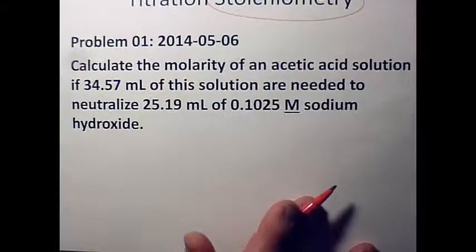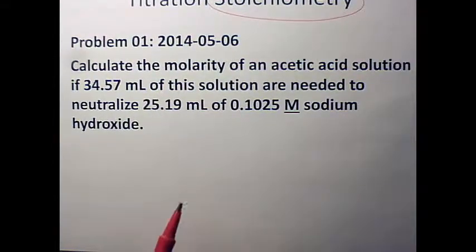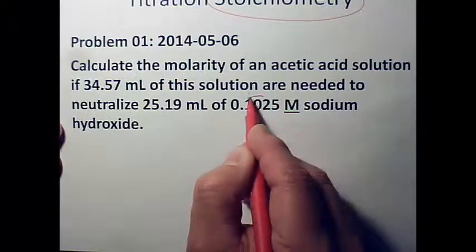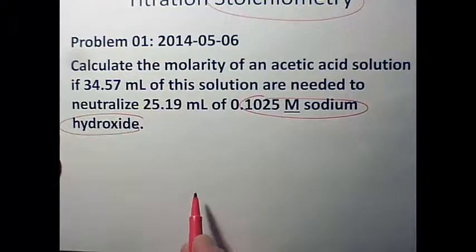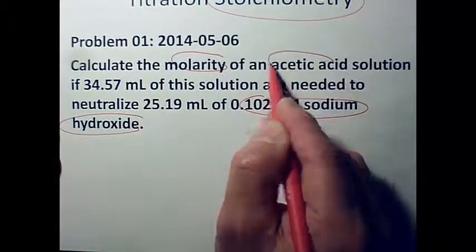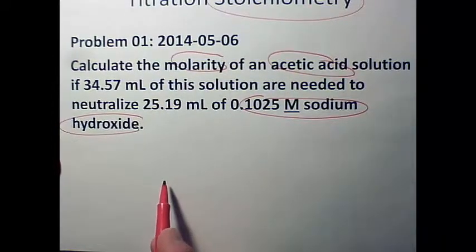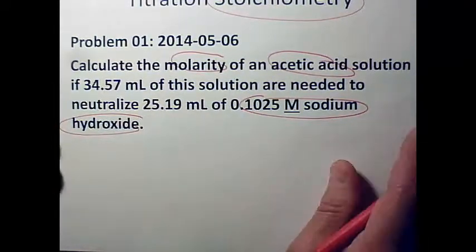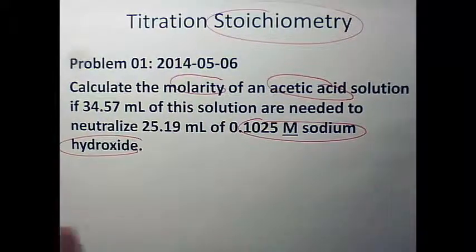It's titration because I'm using molar concentration of one species, this sodium hydroxide here, to find the molar concentration or molarity of another species. Okay? So we're going to have a molar ratio, and a molar ratio comes from a balanced chemical equation. So stoichiometry requires a molar ratio. Molar ratios require a balanced equation.